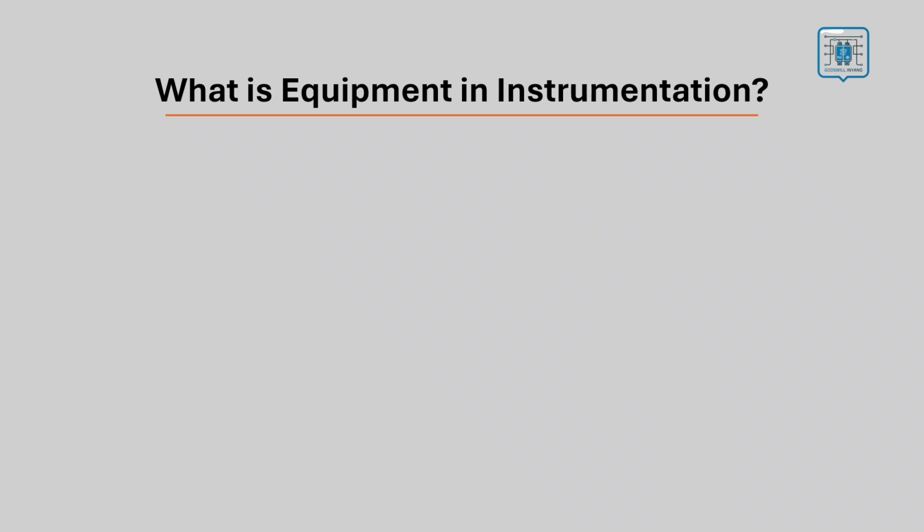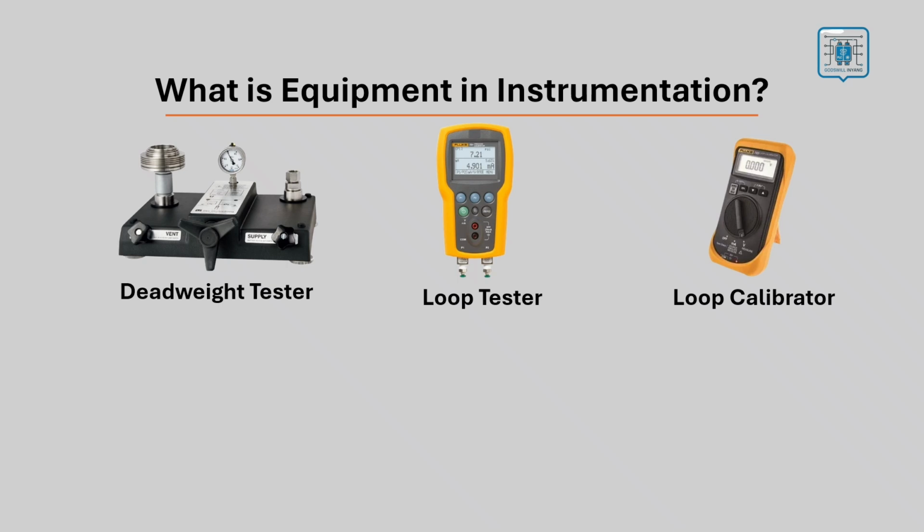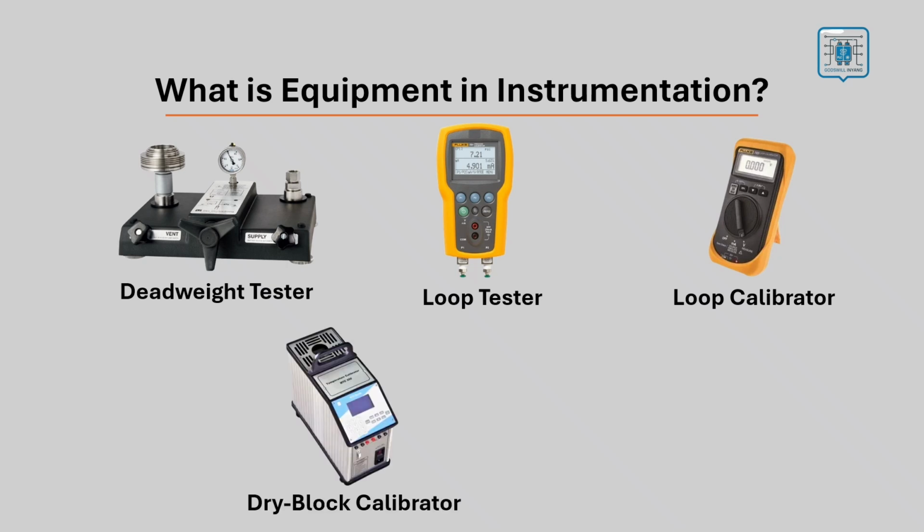Some typical examples of instrumentation equipment include the dead weight tester, which is used for extremely accurate pressure calibration. We have the loop tester, which is used to verify proper current signal flow through a loop. We have the loop calibrator, which provides and measures 4 to 20 milliamp signals used in process control loops.